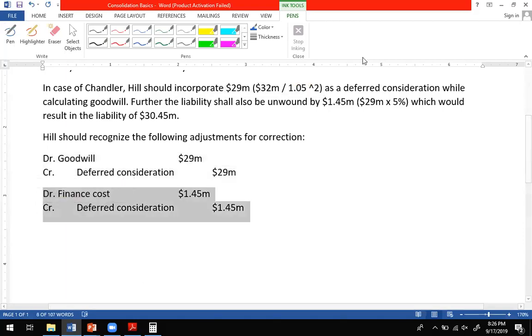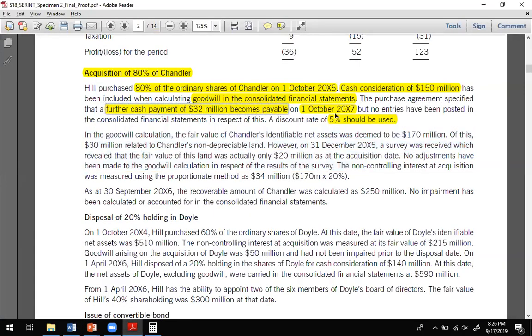And then we have unwound it using the discount rate of 5%. Dulu is asking what is $32 million? Dulu, basically $32 million was the deferred consideration, which the question had said that we're going to pay after 2 years. So this is the deferred consideration payable after 2 years.